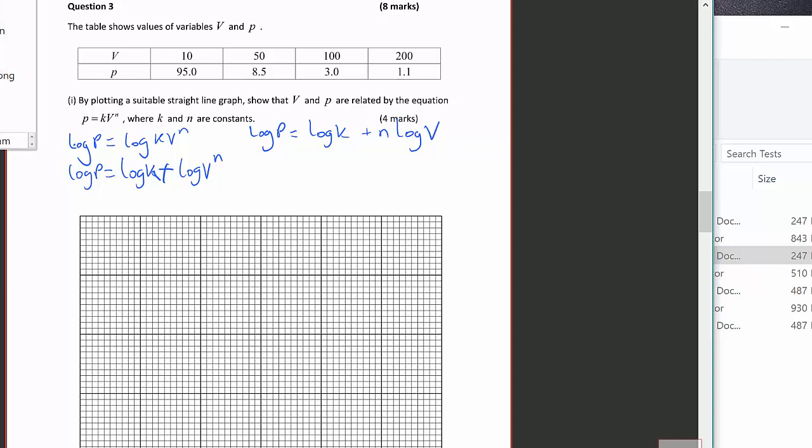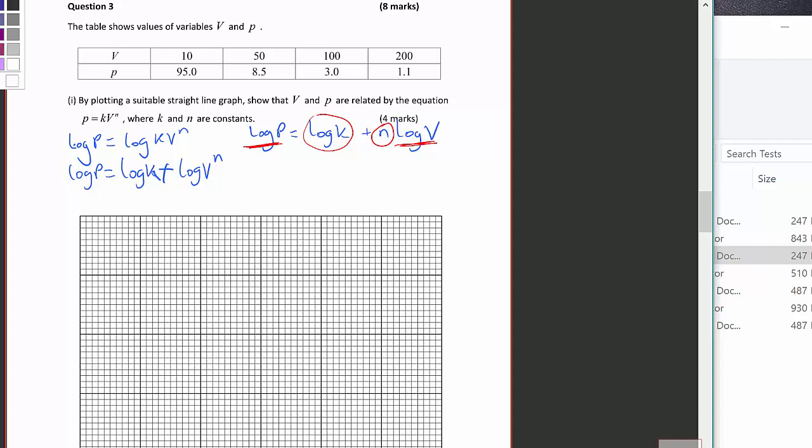So looking at this, what we need to do is plot a graph of log p against log v, and then log k would be the intercept and n would be the gradient.